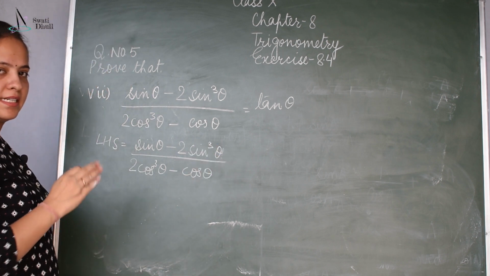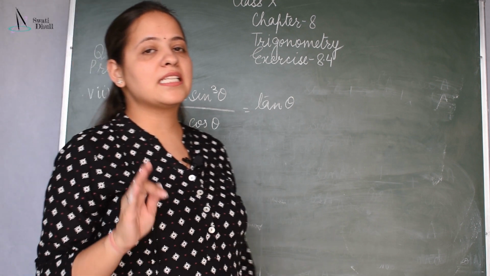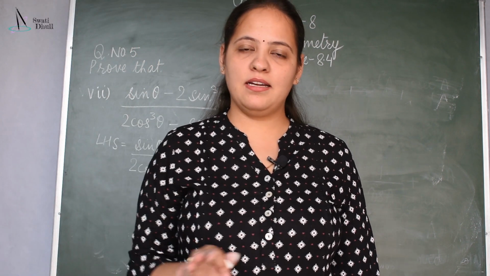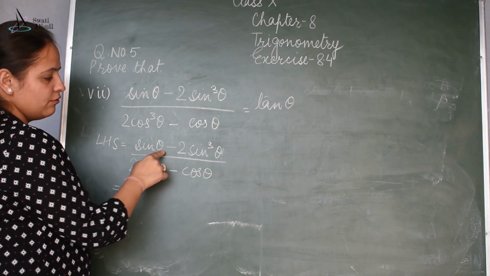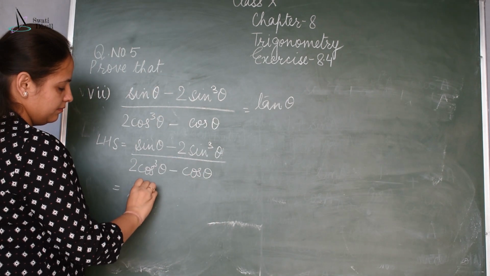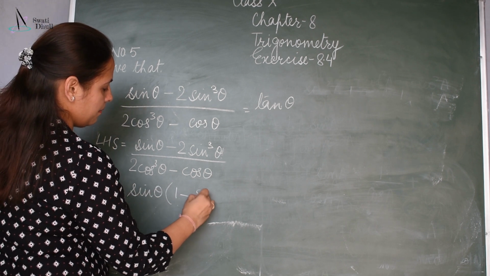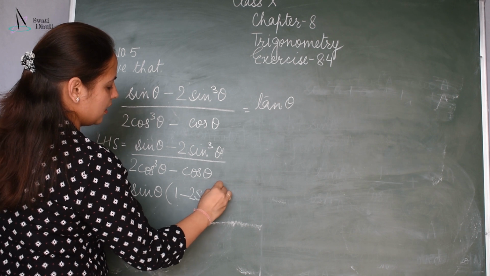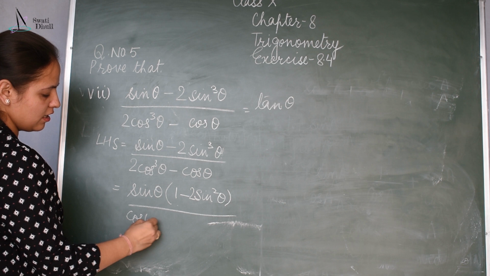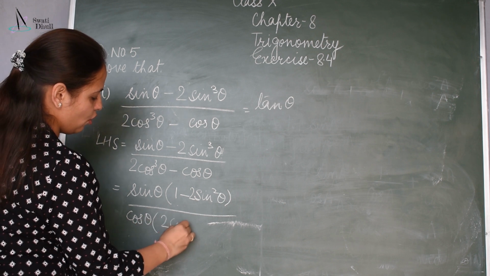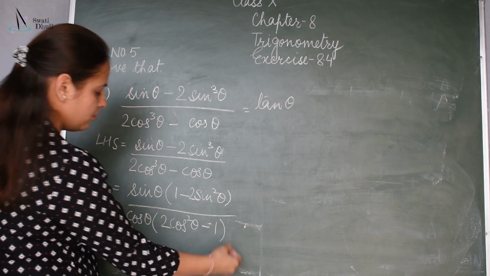Now what do I want? Tan theta. Here there is no tan theta, but I know that sin theta upon cos theta is equal to tan theta. So see, in the numerator we can take sin theta common. So what will I get? 1 minus 2 sin square theta divided by, here I can take cos theta common. So what will I get? 2 cos square theta minus 1.